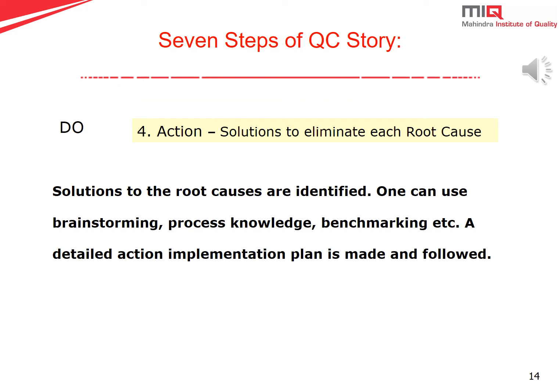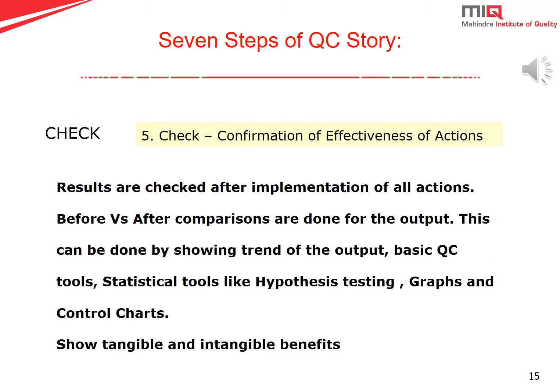In step number 4, which is the action step, solutions to the root causes are identified. Here also one can use brainstorming, process knowledge, benchmarking, etc. A detailed action plan is made and followed. In step number 5, which is the check step, the results are checked after implementation of all actions.